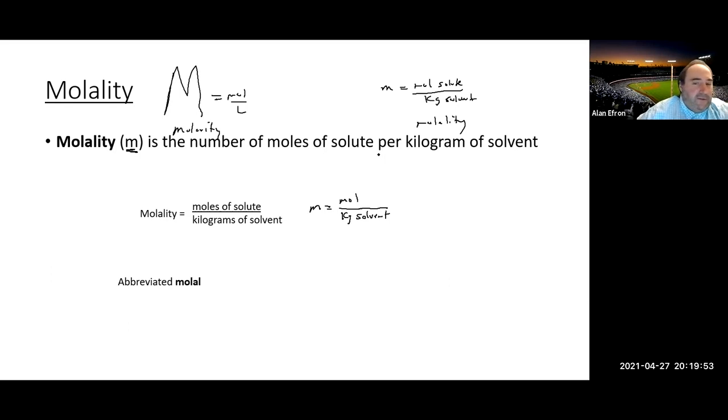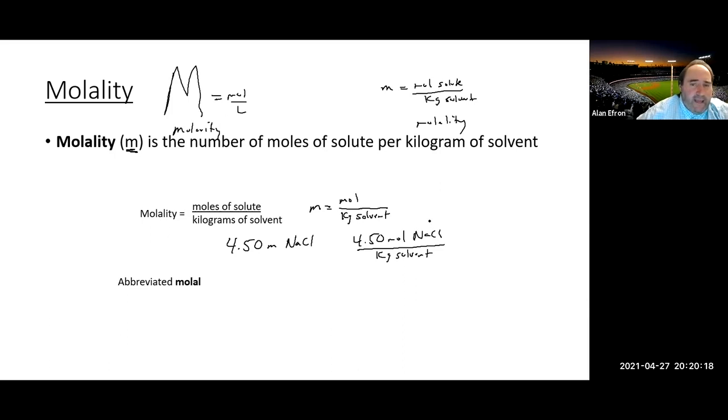It is kilograms of solvent on the bottom. So it works very similarly. If you had 4.5 molal sodium chloride, that means you have 4.5 moles of sodium chloride in a kilogram of solvent.